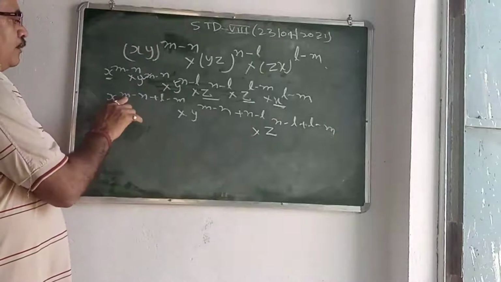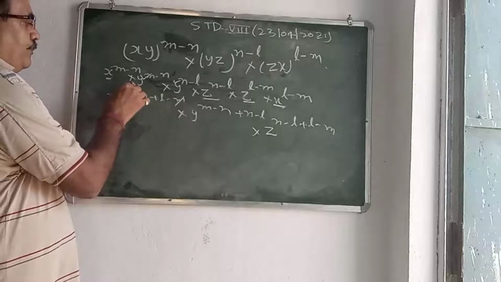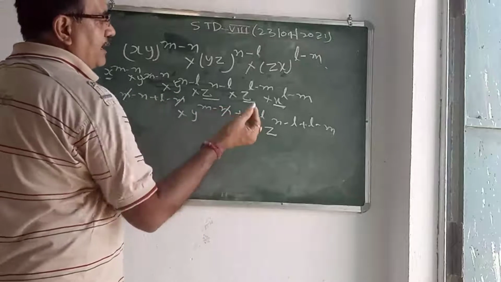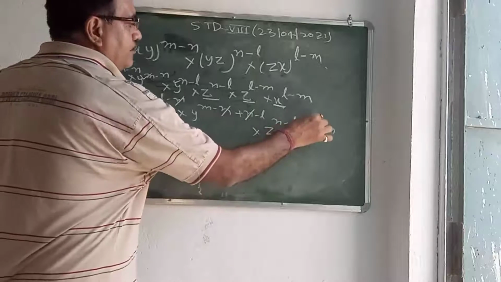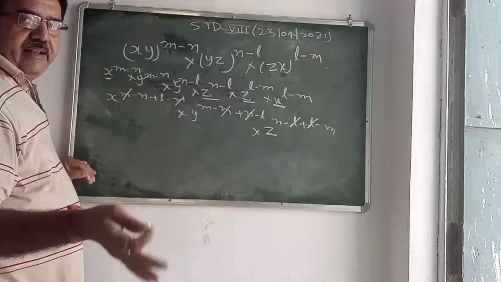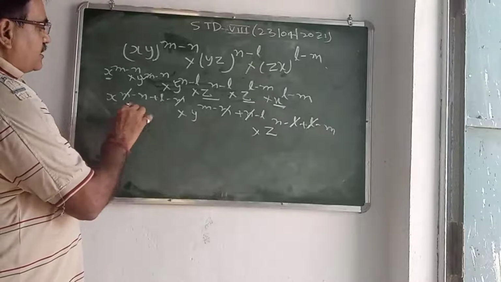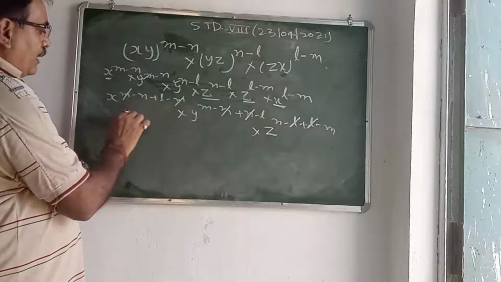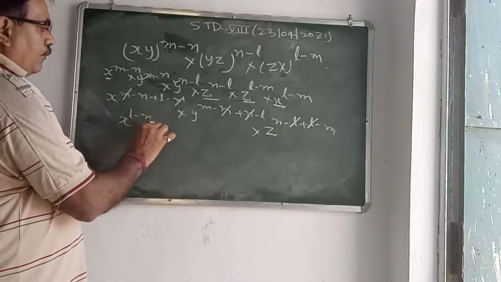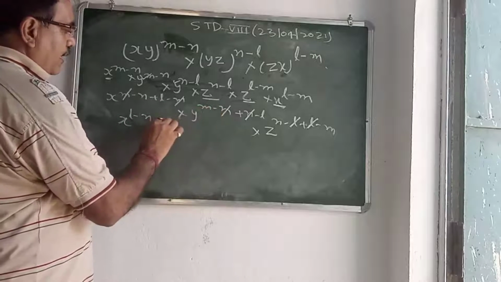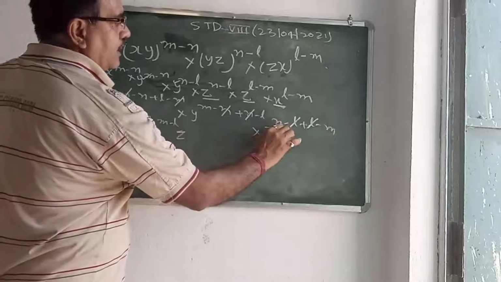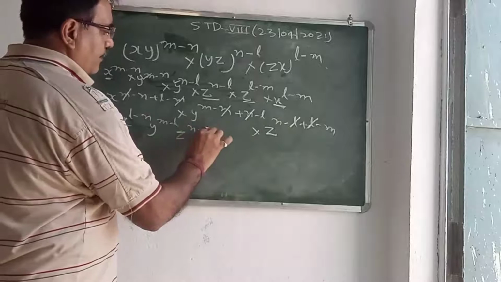Now plus n and minus n will be cancelled. Here minus m plus m will be cancelled. Here minus l plus l will be cancelled. What is left? That will be the answer. So x to the power l minus n, y to the power m minus l, and z to the power n minus m is left.